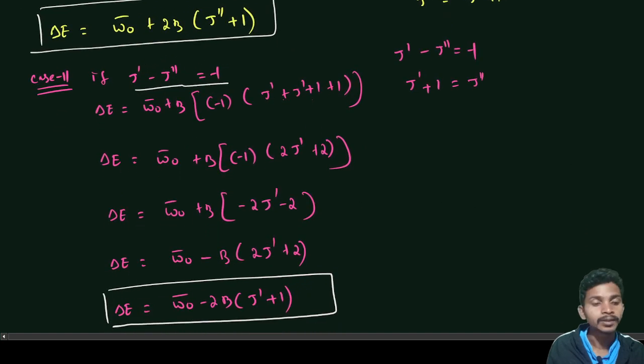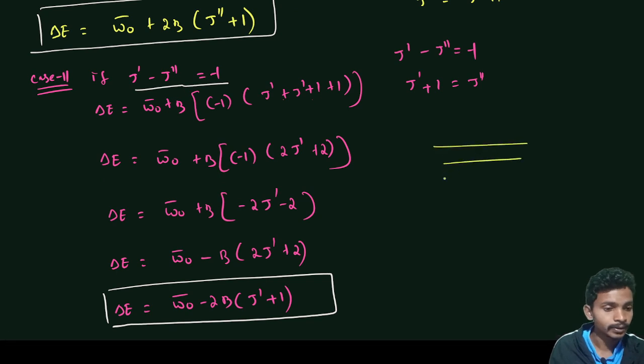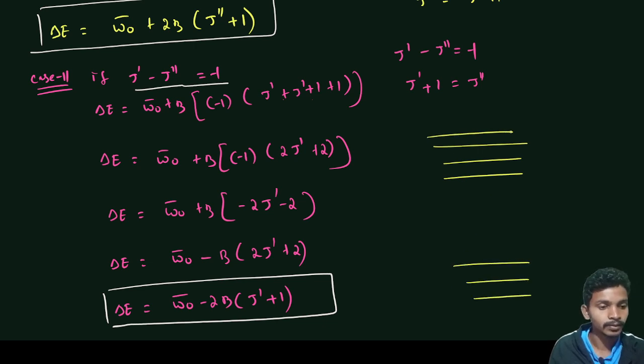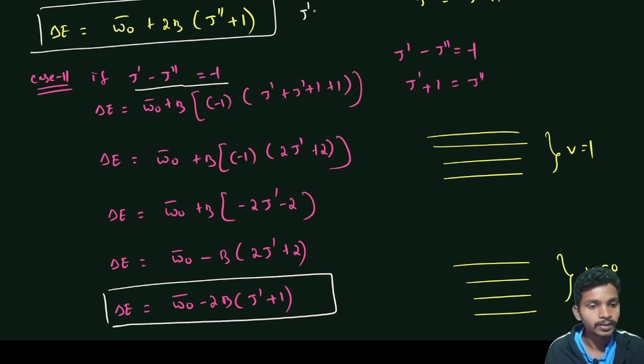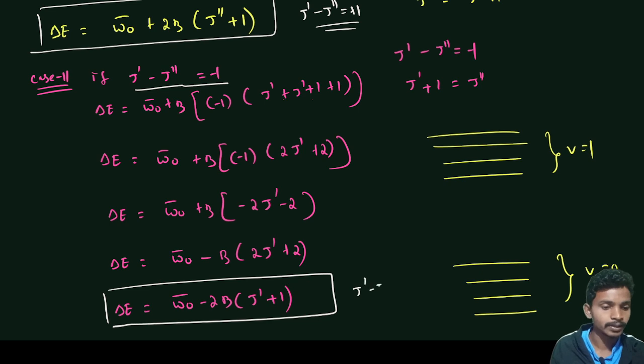Okay, so now we represent those equations again. This one I'm saying, this is another I will draw. So this is v equal to 1, and this is v equal to 0. Now what you see is that this is j dash minus j double dash equal to plus 1, and this is j dash minus j double dash equal to minus 1.